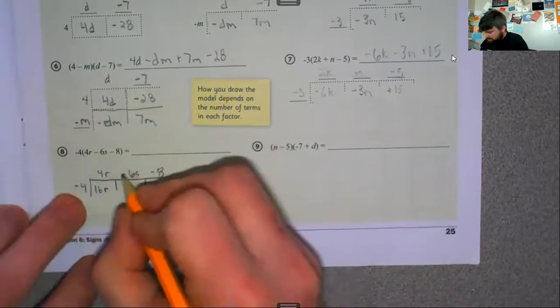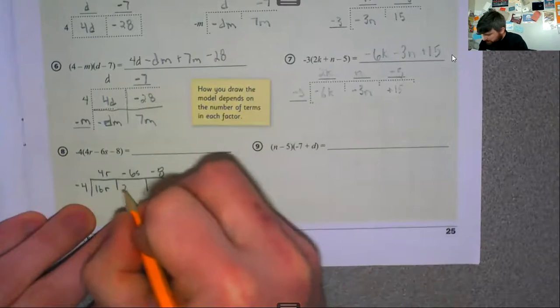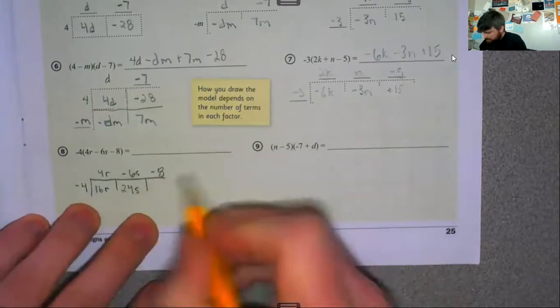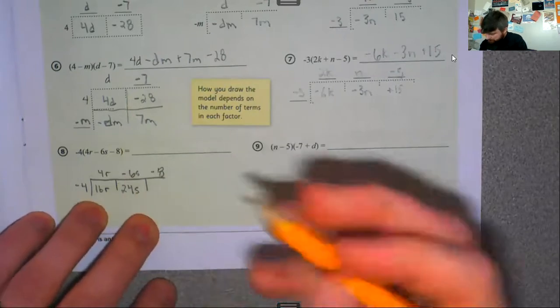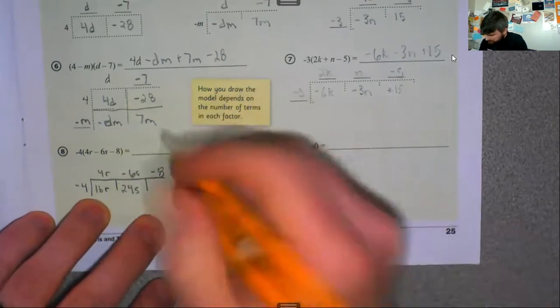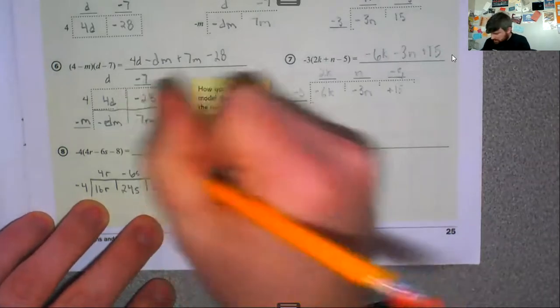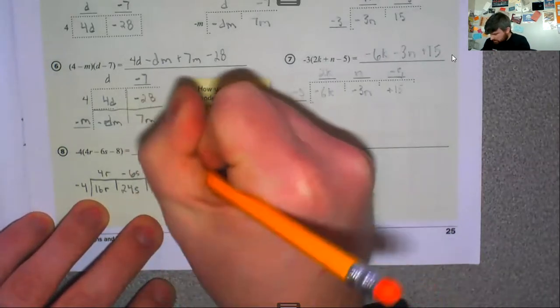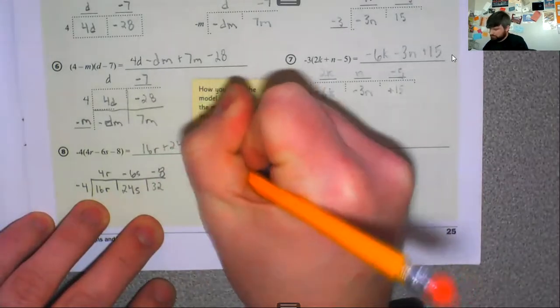Okay, so a negative and a negative, that's a positive. 4 times 6 is 24, and then I have the s. And then negative times a negative is a positive. 8 times 4 is 32. Okay, so here we have -16r plus 24s plus 32.